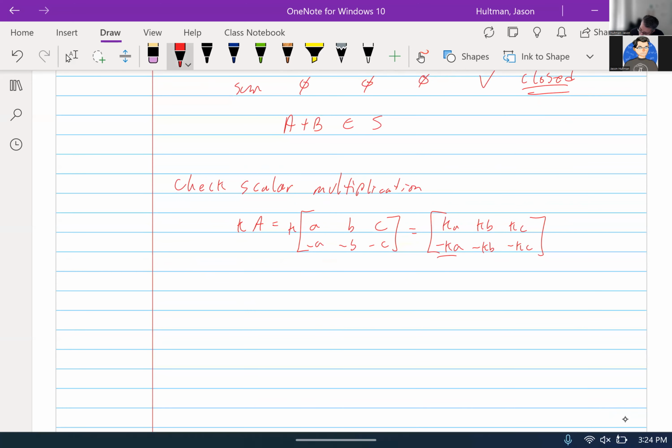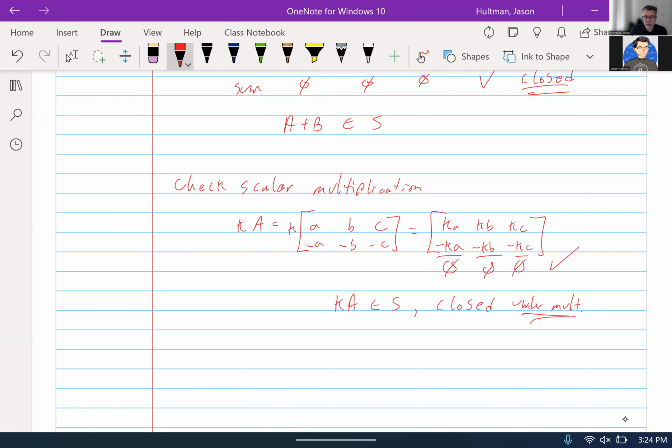And if I sum these rows together, I still get zeros. So that checks. So KA is an element of S, and so it's closed under multiplication.